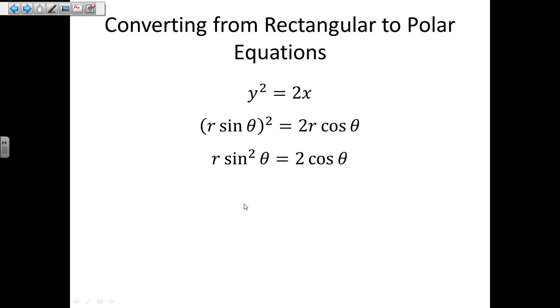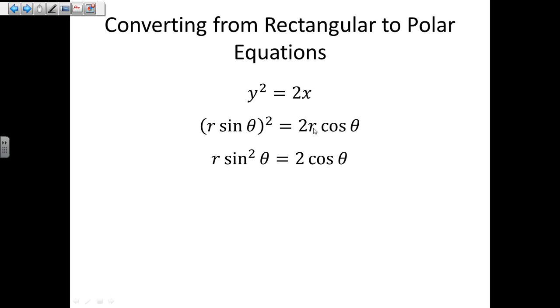Okay, let's take a look at another one. Not quite as elegant. You can already see what I'm doing. I've got y squared equals 2x. I make my substitution for the y. I make my substitution for the x. Now notice that this r is not squared. Well, why is this r not squared even though the sine is squared? Well, I divided everything by r.